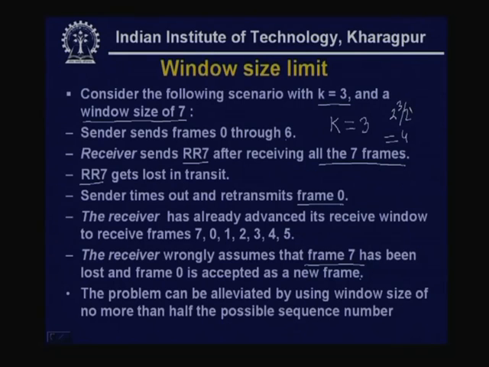On the other hand, for selective repeat ARQ, the number of bits required will be 4. So, for the same window size, the selective repeat ARQ technique will require more number of bits for numbering the frames.